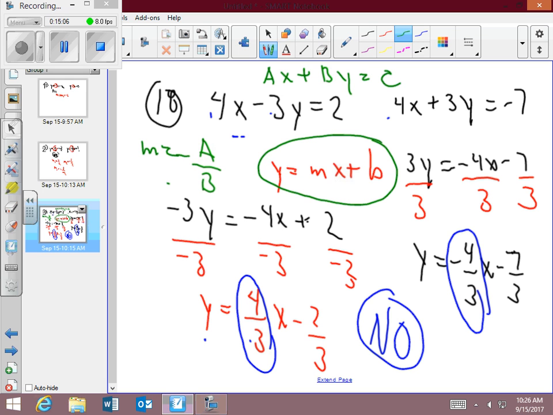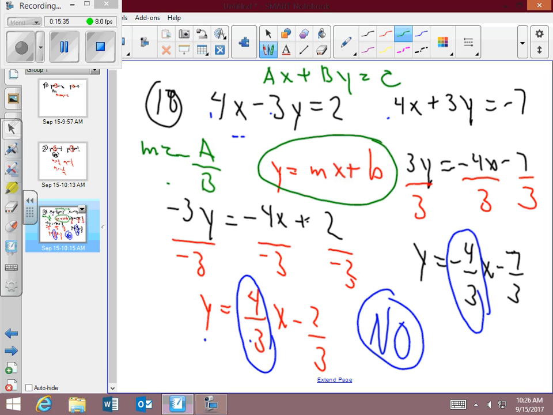So they're saying if they're parallel, then express A1 over B1, which is really what? The slope of the first equation, isn't it? Technically not completely because it's a minus out front, isn't that right?